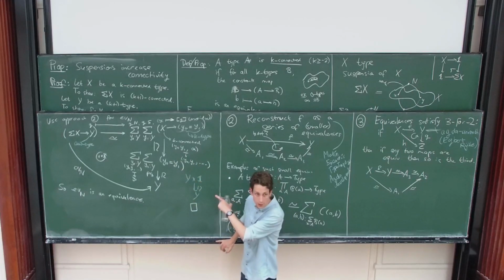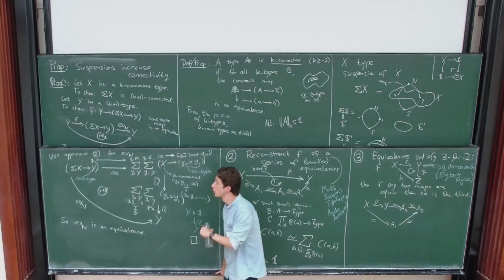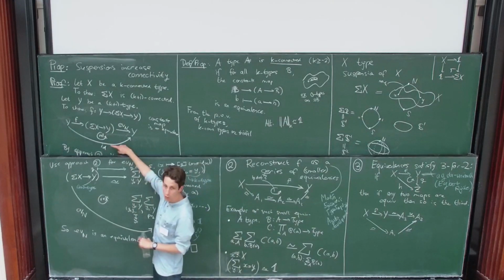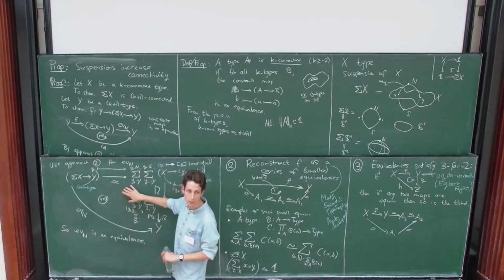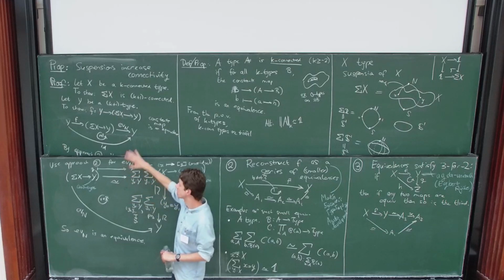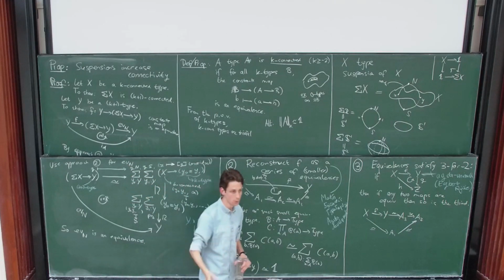That's also how I presented things here. I first built this degenerate triangle with the identity map, but I could have presented this whole thing in one big diagram where you inline this argument. But often it's easier to break it down in the proof assistant.